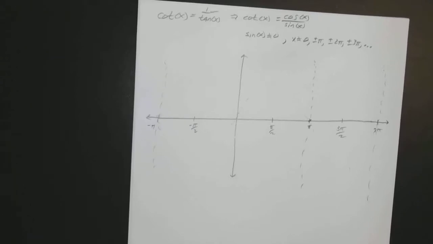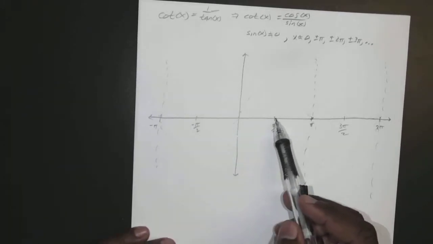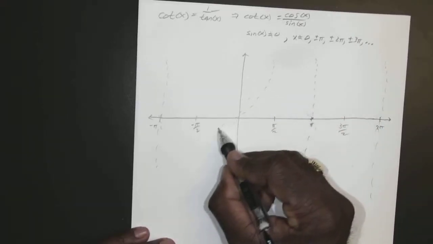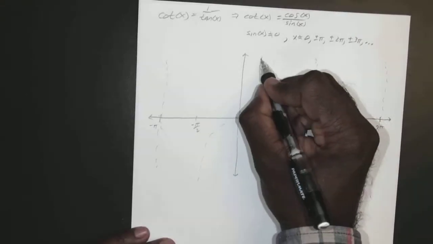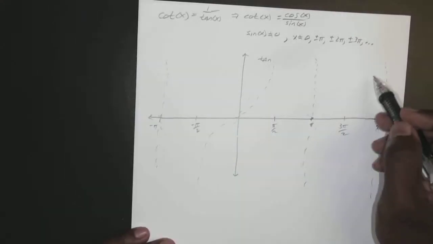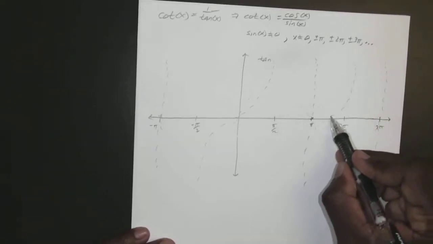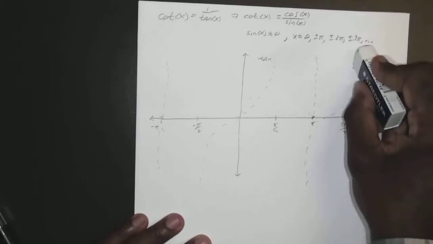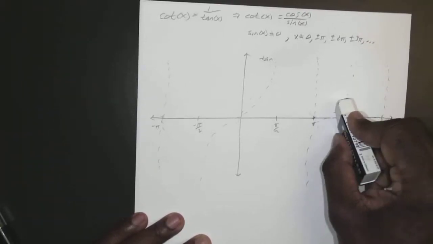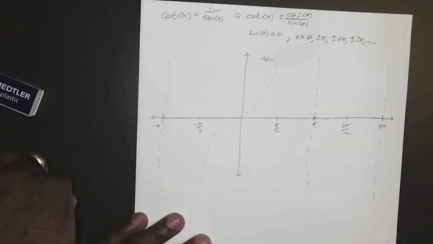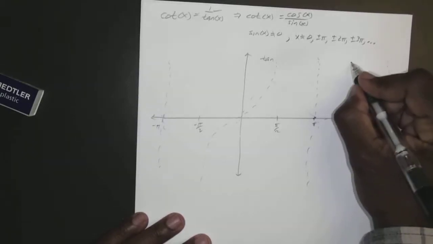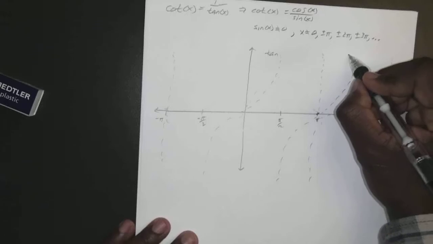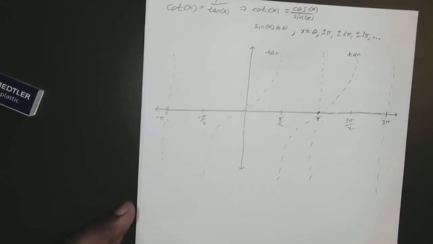Now if you remember tangent, tangent goes between negative pi over 2 and pi over 2, like that, because remember, this is your tangent. That's one of your tangents, it keeps on going like that.